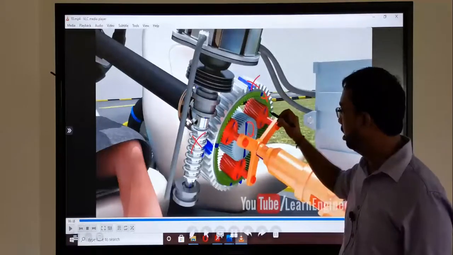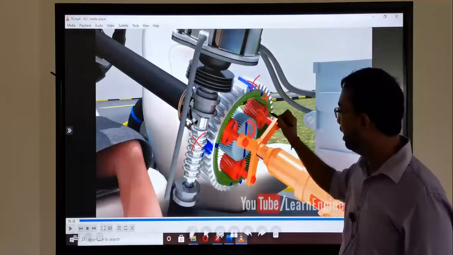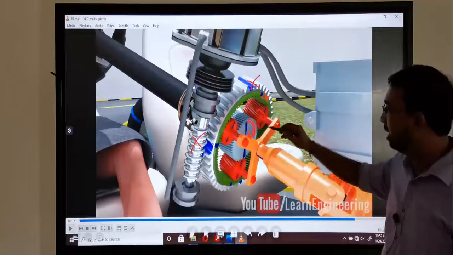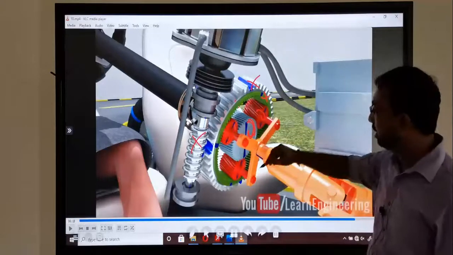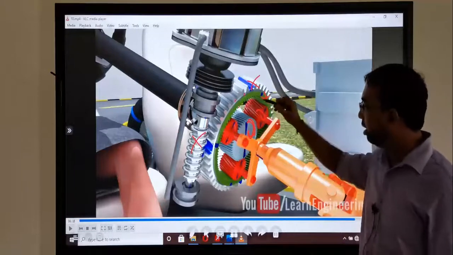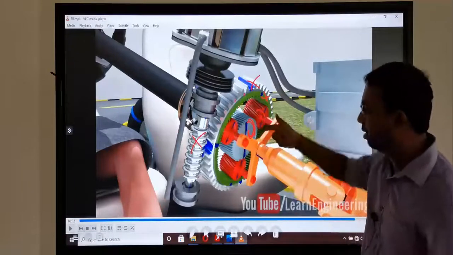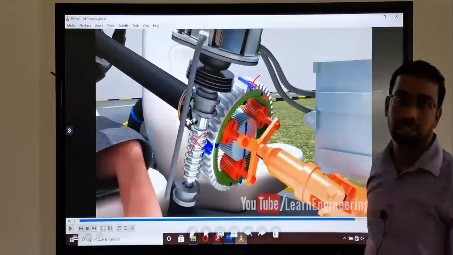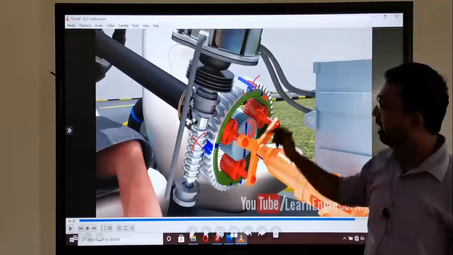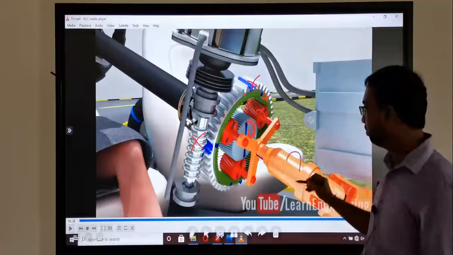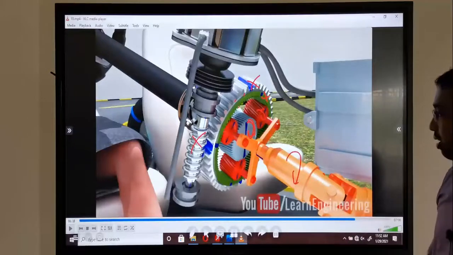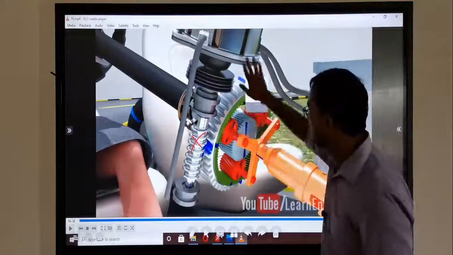So when the power motor fails, we can maintain the rotation and transmit the movement to the output shaft.